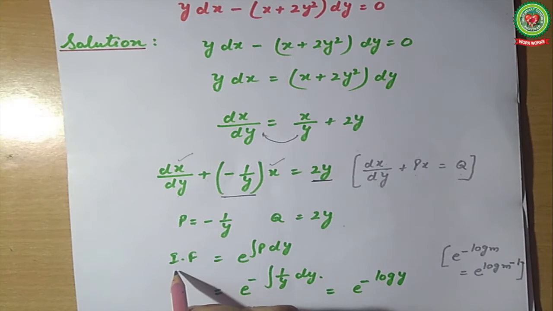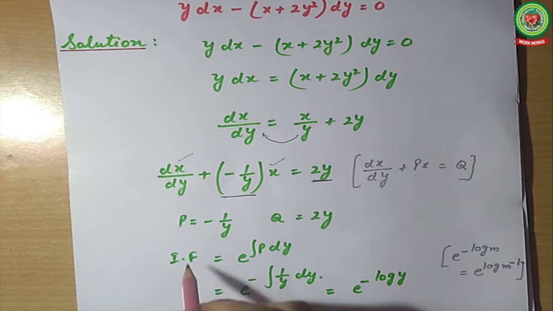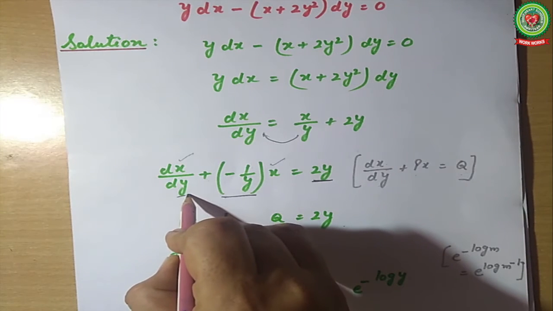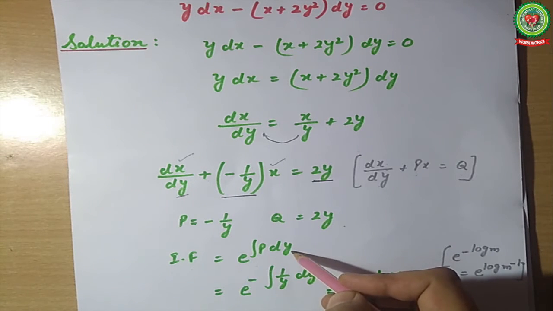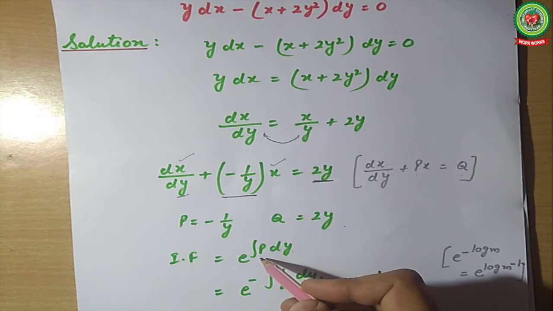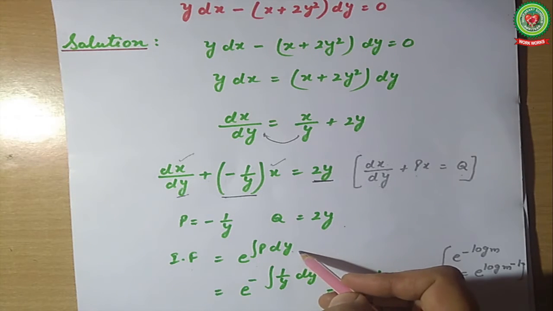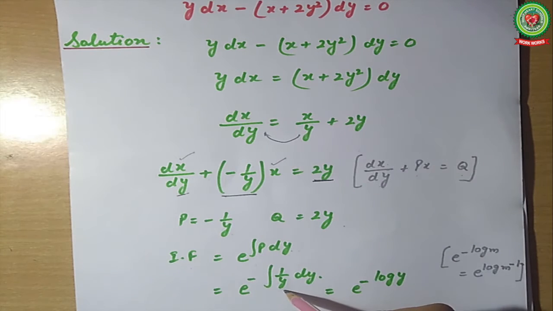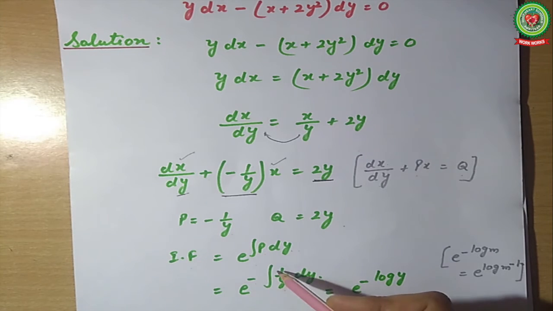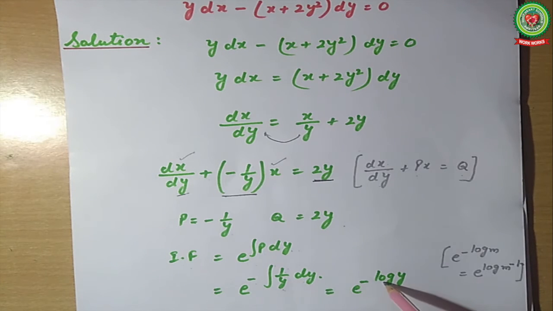Now, we will find out the integrating factor. Because dy is there, we will find the integrating factor with respect to y. Integrating p with respect to y, where p is minus 1 upon y, the minus sign stays and the integral of 1 upon y with respect to y is log y, giving minus log y.